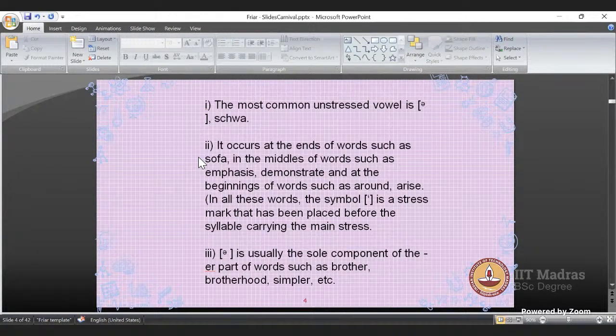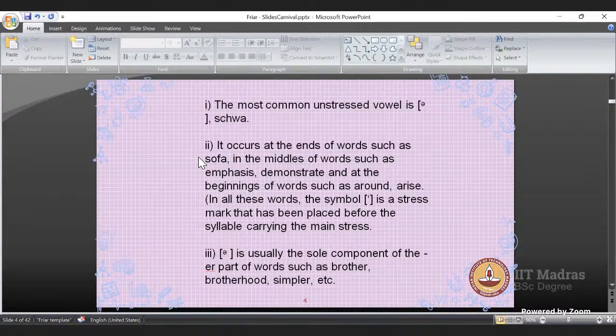Okay. Stress symbol. In fact, there are a lot of words in English, particularly the functional words, prepositions and conjunctions, and they usually have the schwa vowel with them.